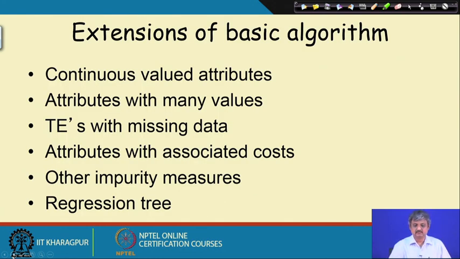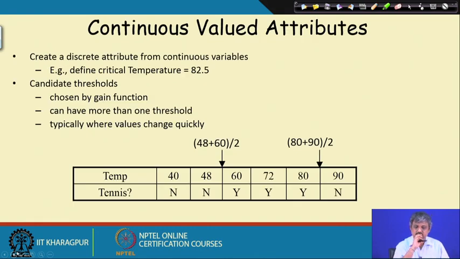I will now discuss a few extensions of the basic tree algorithm. What about continuous values? Often what we do, you first discretize the continuous value into intervals, okay, by some method. You discretize and then consider it, that is the most common.